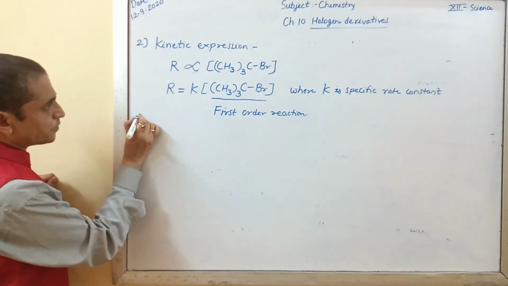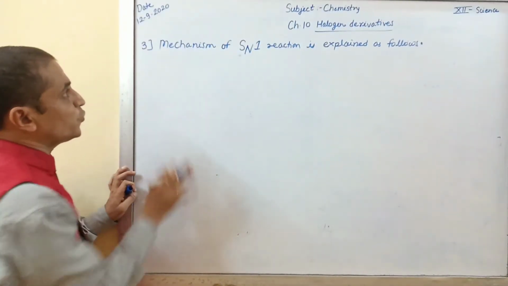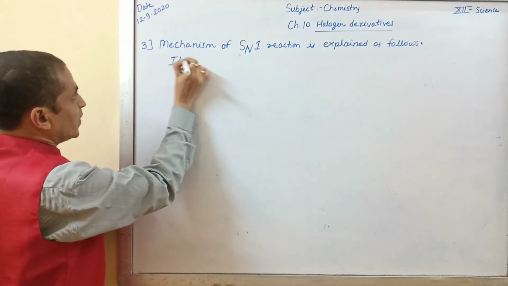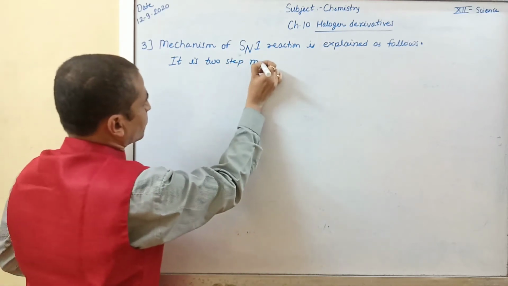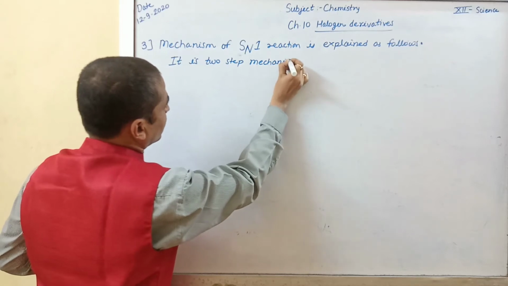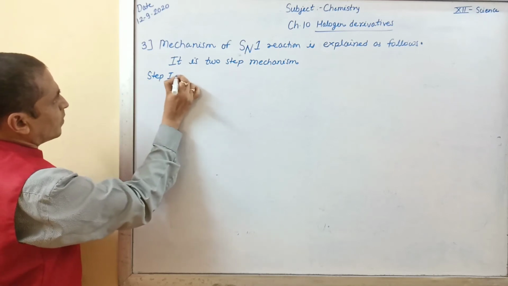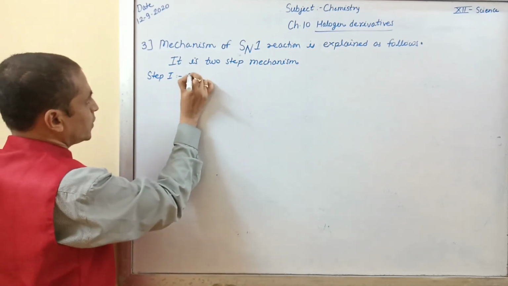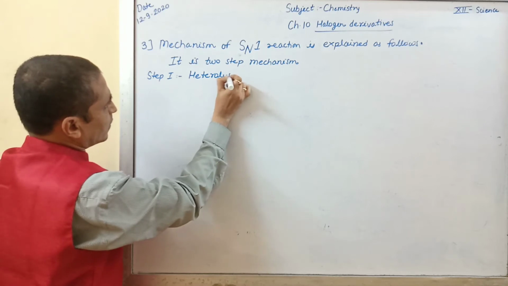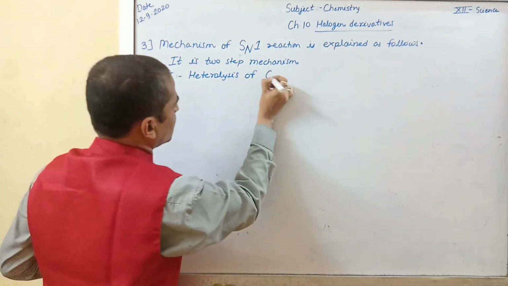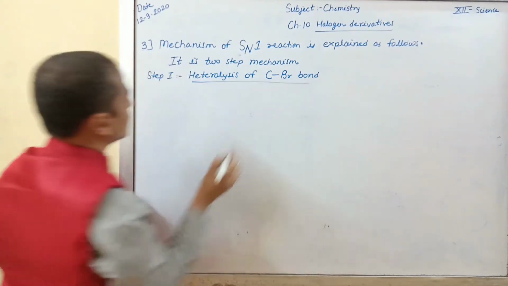Now come to the mechanism. First of all, you remember it is a two-step mechanism. See here, step 1, that is hydrolysis of C-Br bond. This we have to study.